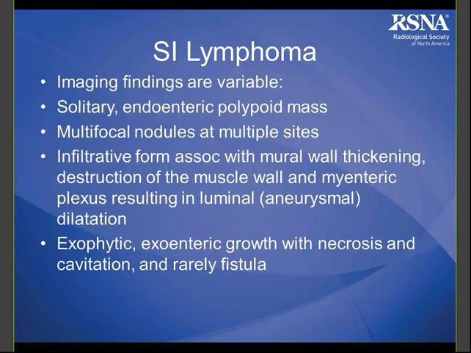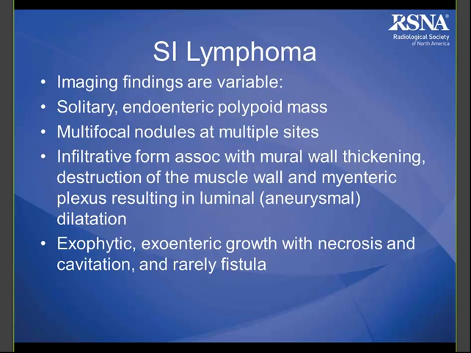Imaging findings are variable: maybe a solitary endoenteric polypoid mass, multifocal nodules at multiple sites, or an infiltrative form associated with mural wall thickening, destruction of the muscle wall and myenteric plexus, resulting in luminal dilation. And this is classically what residents are shown, or pimped on in conference, with this aneurysmal dilation.